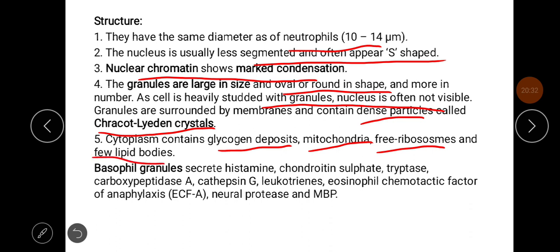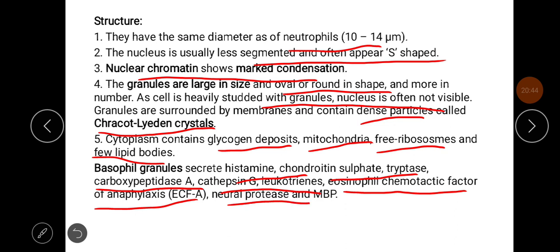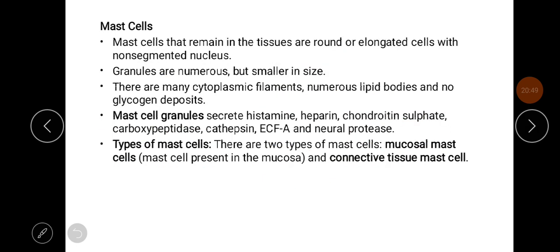Basophil granules secrete histamine, chondroitin sulfate, tryptase, carboxypeptidase A, cathepsin G, leukotrienes, eosinophil chemotactic factor of anaphylaxis, neural proteases, and the major basic protein. Mast cells remain in the tissues and are round or elongated cells with a non-segmented nucleus. Granules are numerous but smaller in size.